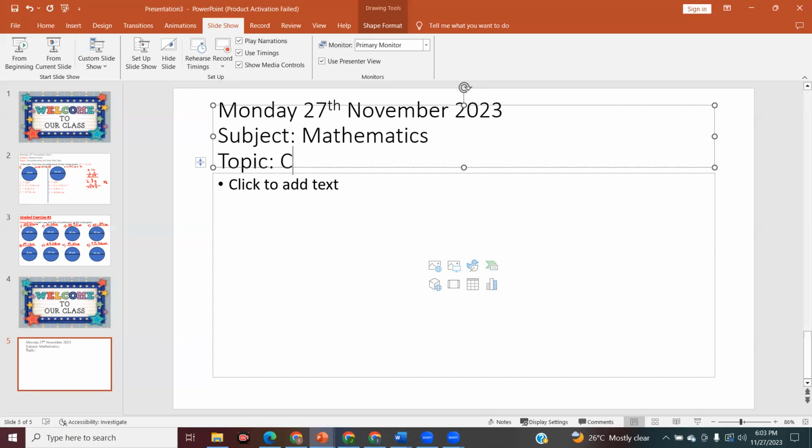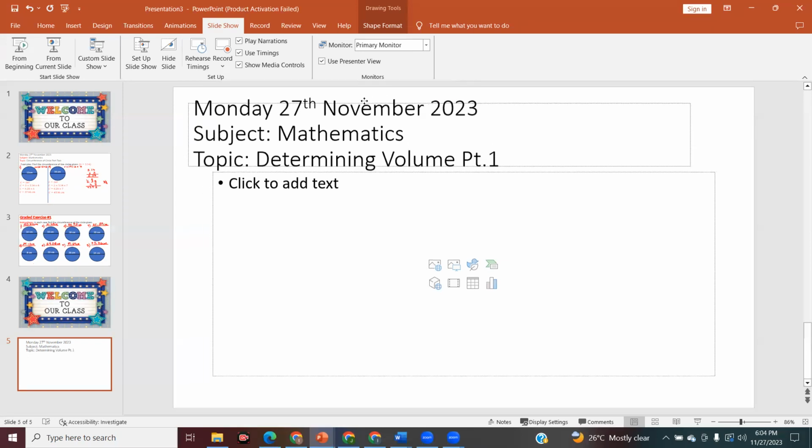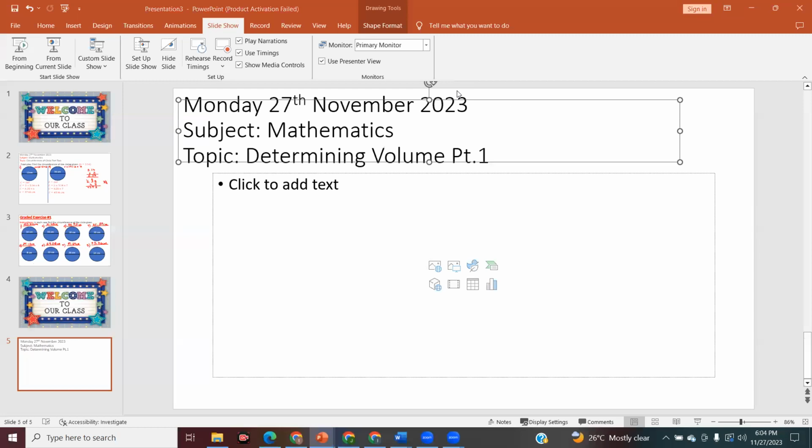Calculating volume, or finding or determining volume. So, determining volume, part 1.